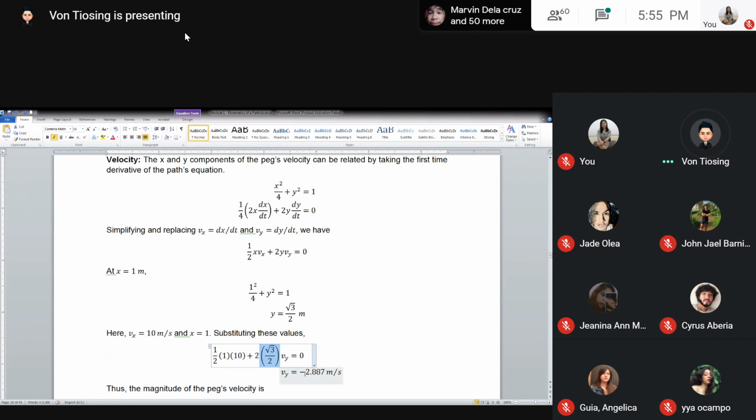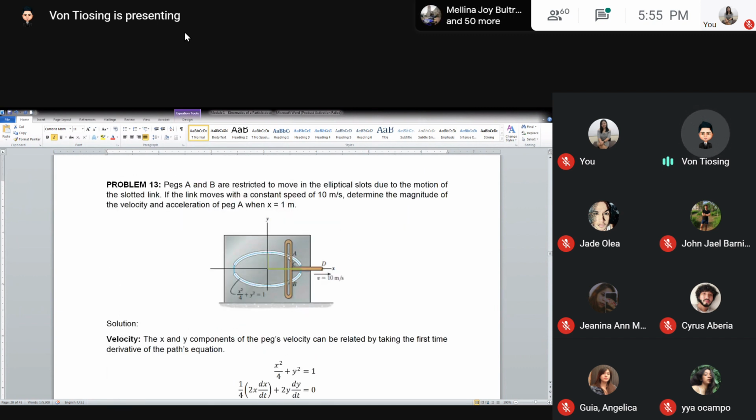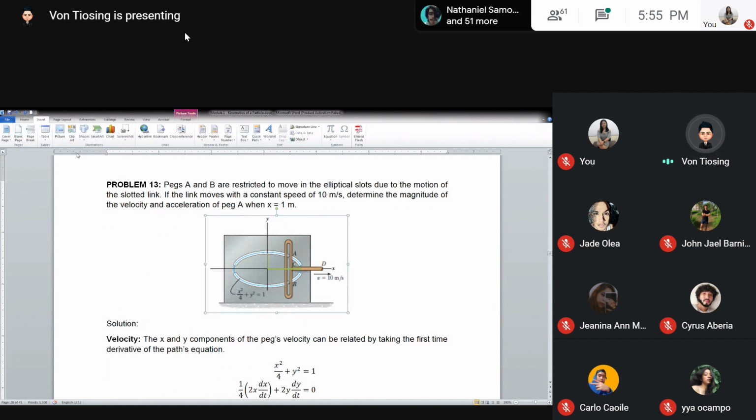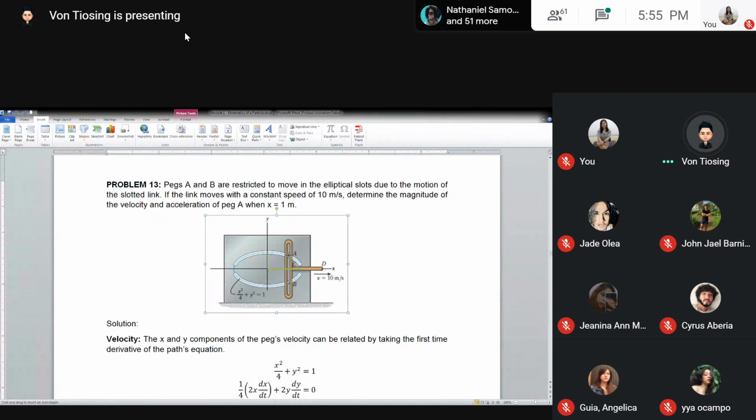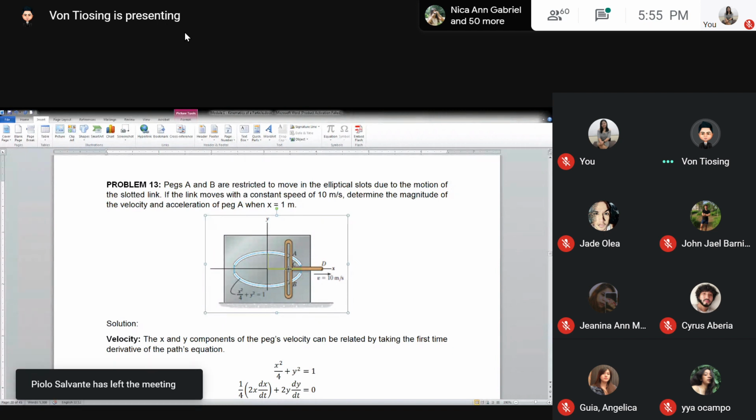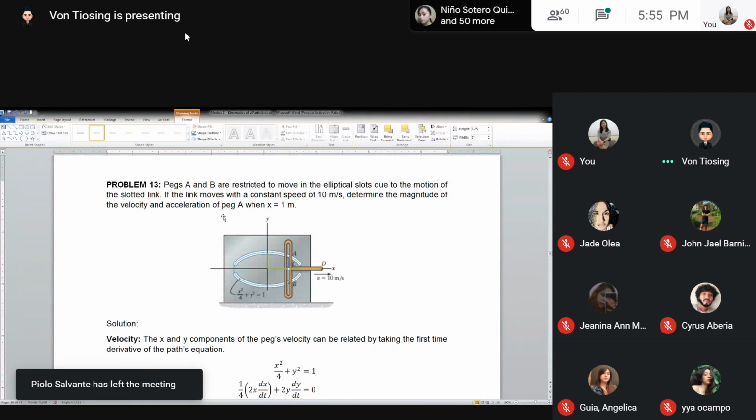So, ano ibig sabihin ng negative? Pag negative siya, that is because pababa yung component ng velocity niya. So, ito yon. In-exaggerate ko lang.